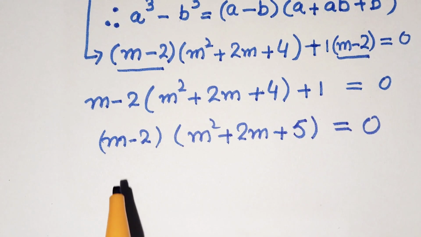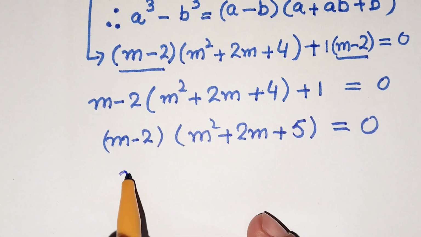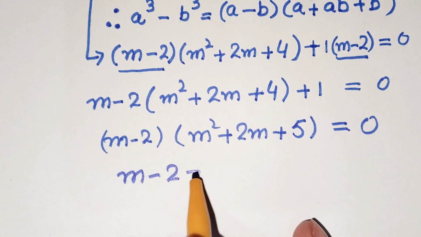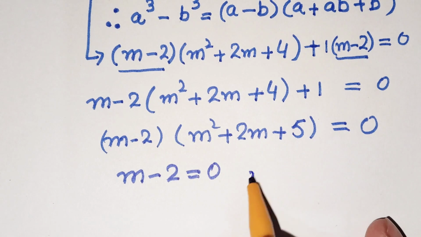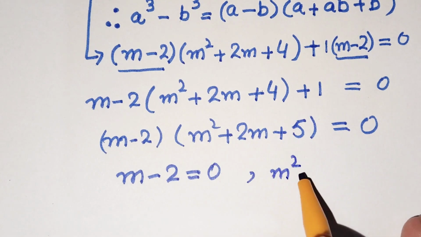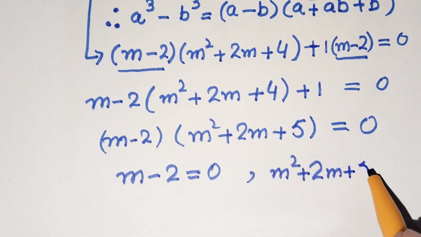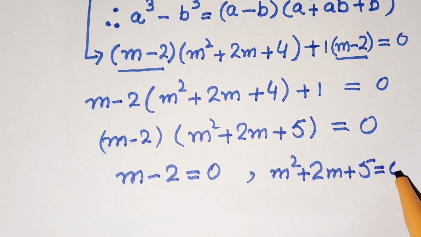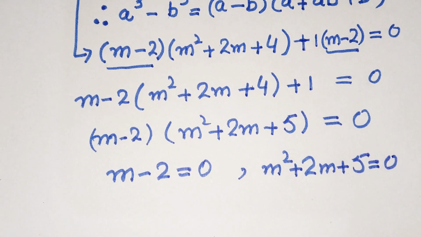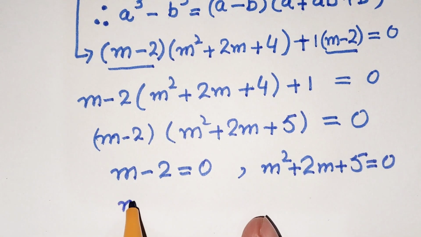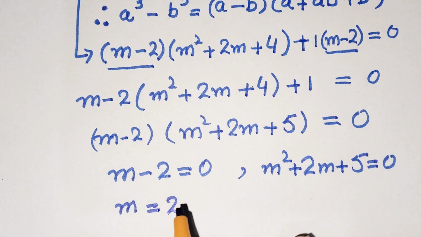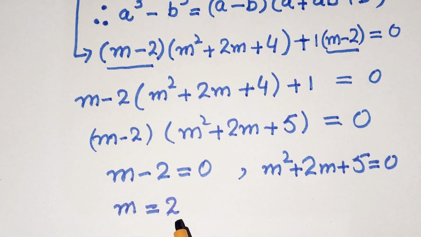Now as we know, m − 2 = 0 and m² + 2m + 5 = 0. From the first one, the value of m is equal to 2, and m² + 2m + 5 can be solved by the quadratic formula.